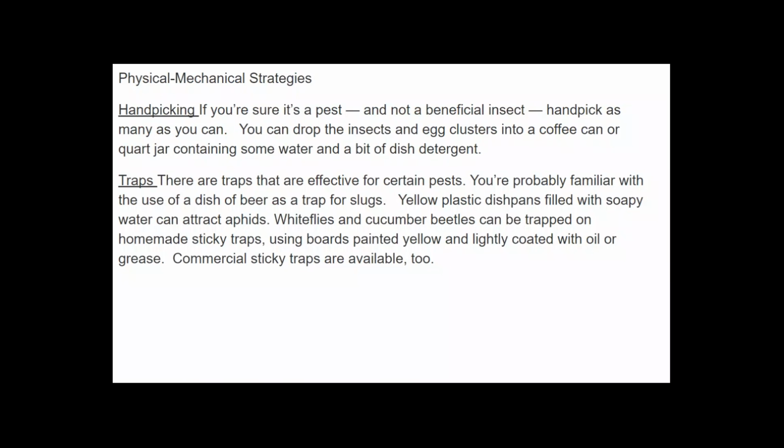Then you can have physical mechanical strategies. You can hand pick. If you're sure it's a pest and not a beneficial insect, hand pick as many as you can, and you can drop the insects and egg clusters into a coffee can or quart jar containing some water. So you can hand pick, and then you can set traps that are effective for certain pests.